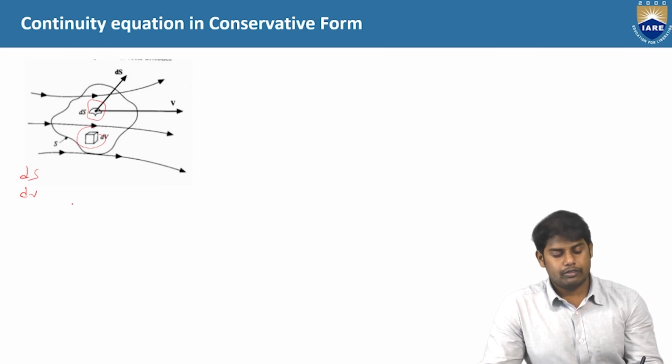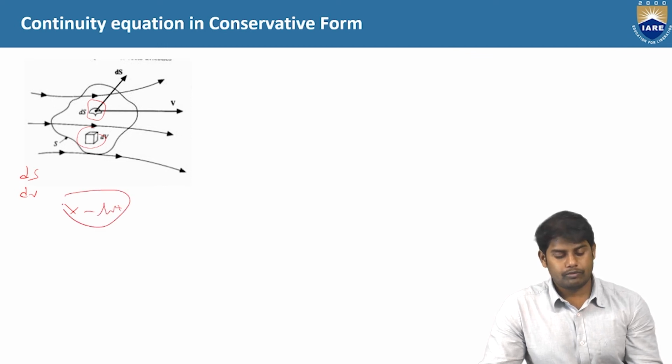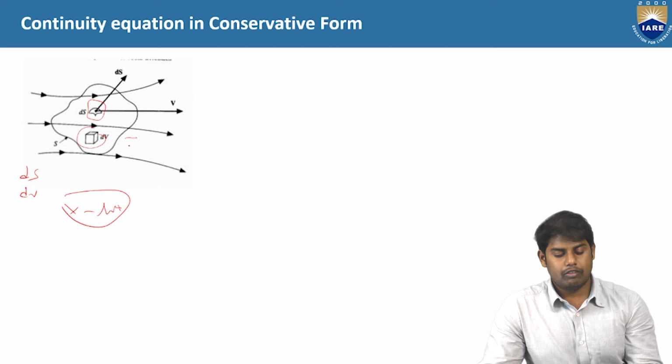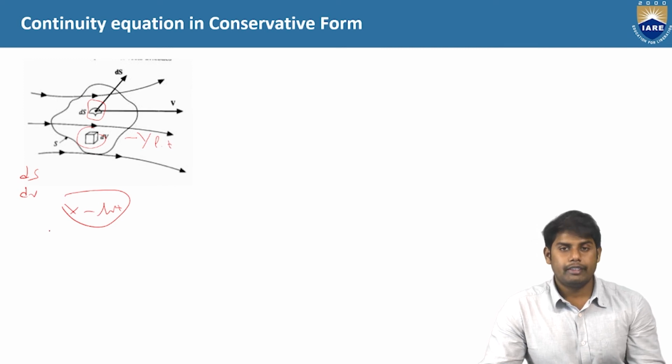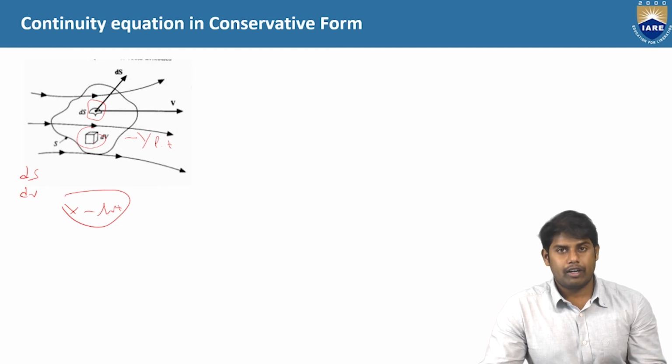So let's say you have x liters in the control volume initially, and let's say y liters have left. So the rate of decrease of the amount of fluid inside the control volume will be equal to the flow that is leaving the volume.